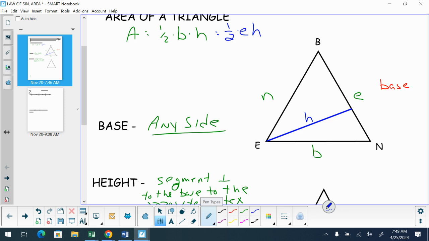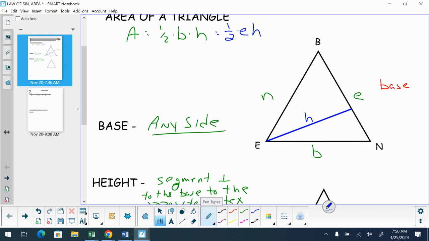But the problem is, h is in the middle of this triangle. Typically, we're not given that distance between the vertex and the base. So we want to make things easier by manipulating what we have in our information to calculate the area of this triangle without having to draw in that h, using lengths of sides and measures of angles.